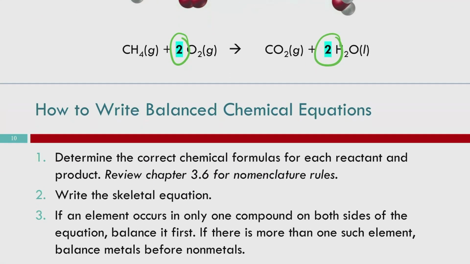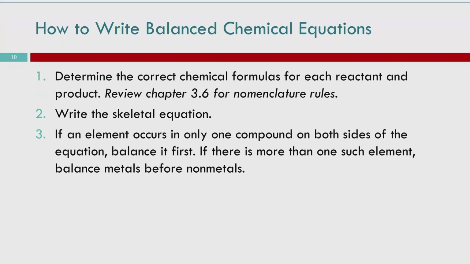We've got steps. There's some steps for doing this. So the first thing that we want to do, if we weren't given the reactants and the products, is we need the chemical formulas for each of the reactants and products. This might require us to use our nomenclature knowledge. So we might be given words instead of formulas.